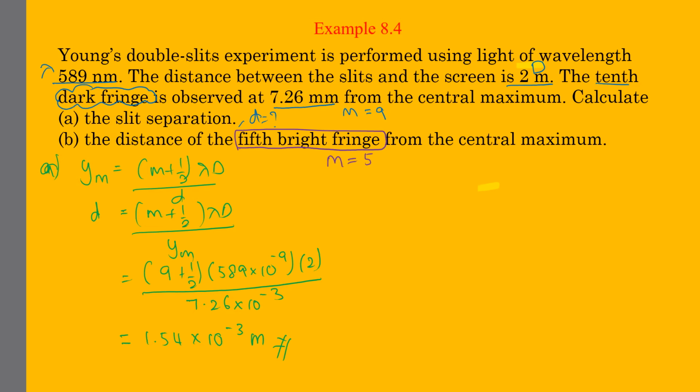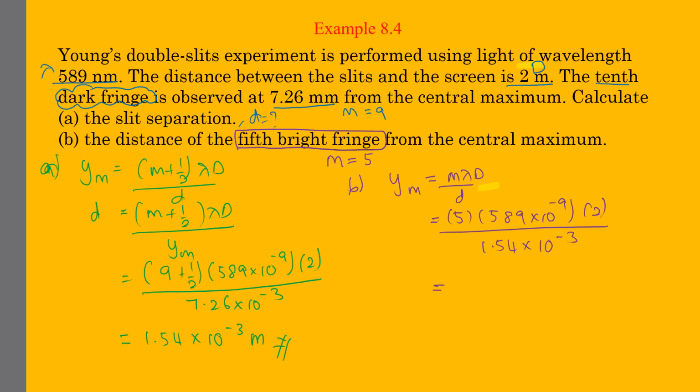Okay, B. ym is equal to, constructive interference, bright fringe, so m lambda D over d equals to 5 times lambda 589 times 10 power of negative 9, D is 2, d is the slit separation we calculated just now, 1.54 times 10 power of negative 3.